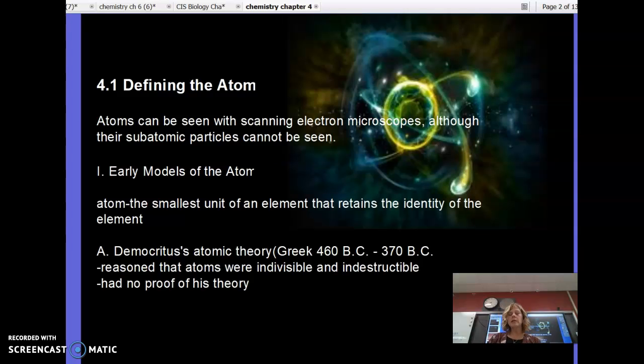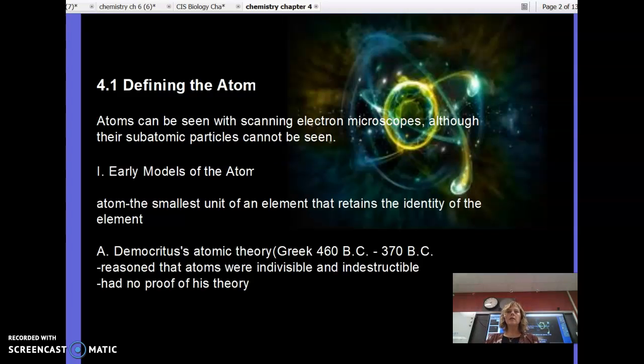But there comes a point where you have reduced your sample down to one individual atom. You cannot cut it any smaller than that, because if I take an atom of gold and cut it in half, it's actually not gold anymore. So the smallest unit that you can have and have it still be gold is one atom.